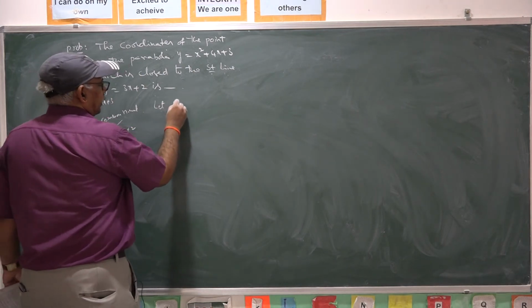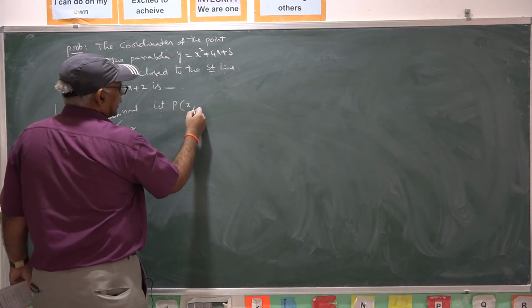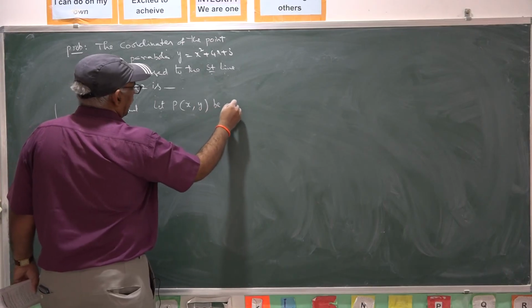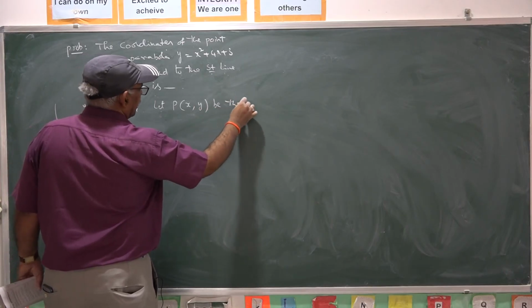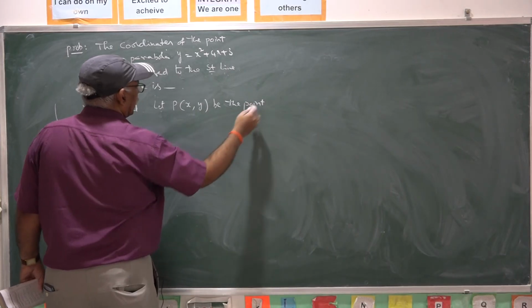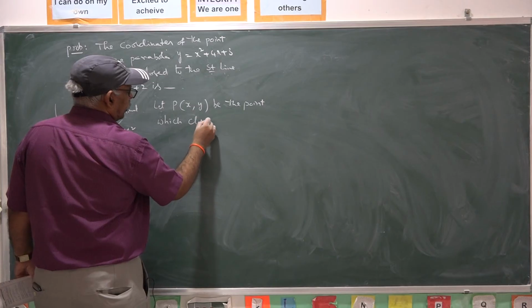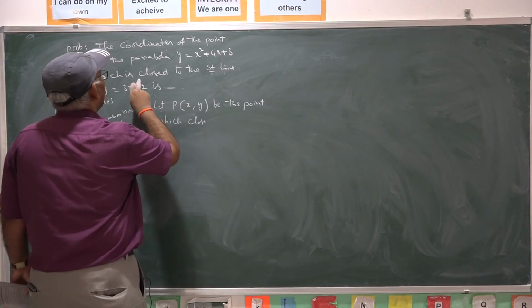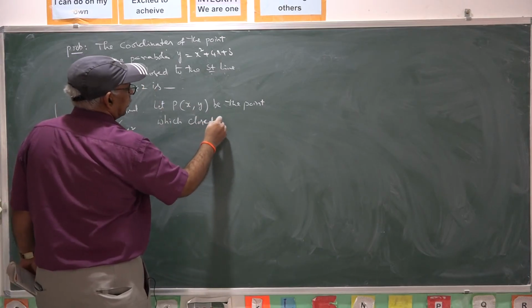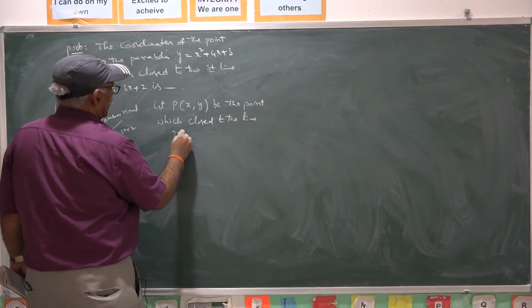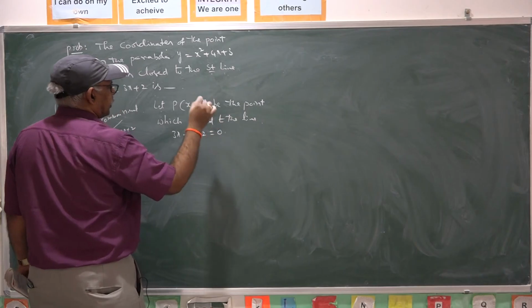Let P(x, y) be the point which is closest to the line 3x minus y plus 2 equal to 0.